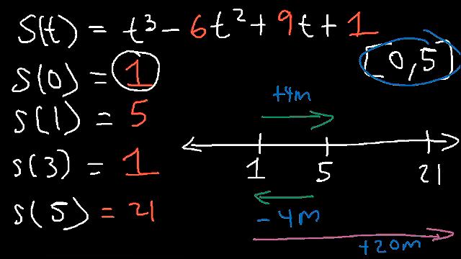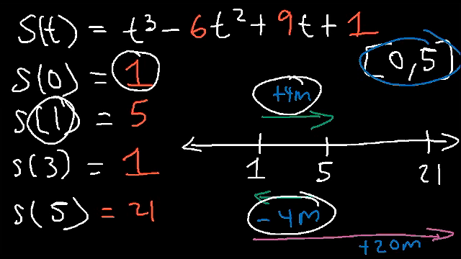Now what about the total distance? What is the total distance traveled? Now remember, distance is scalar, it's always positive. In the first second, it traveled a distance of 4. In the next 2 seconds, it also traveled a distance of 4. From 1 to 3, the displacement is negative 4, but the distance traveled is positive 4.